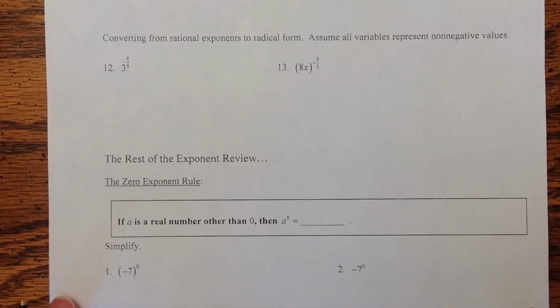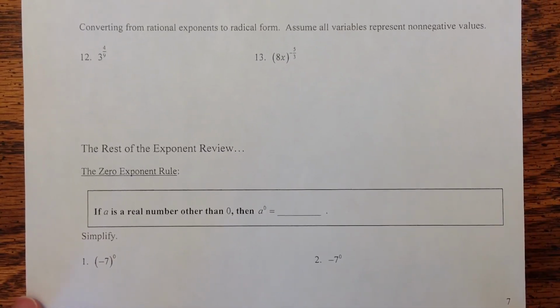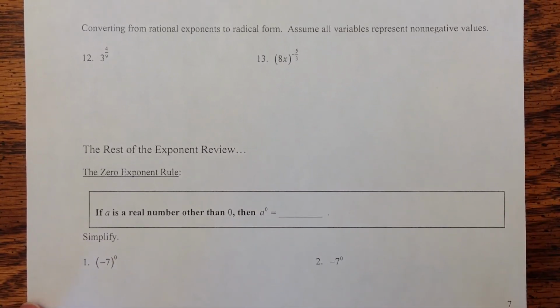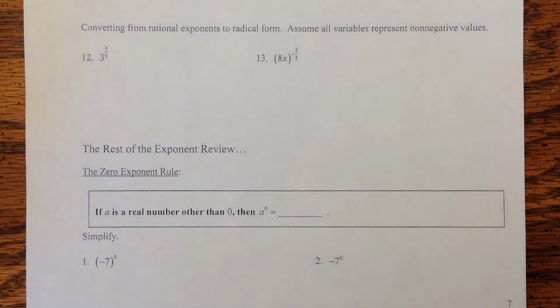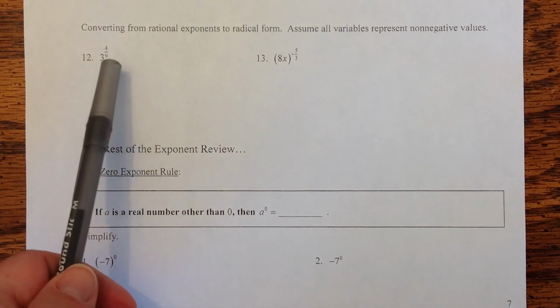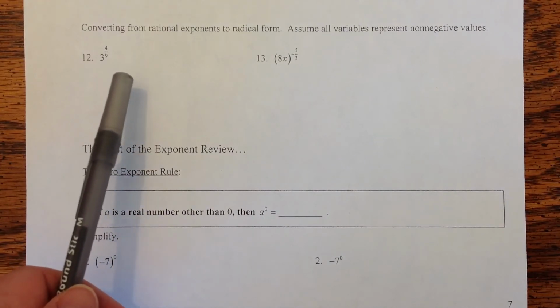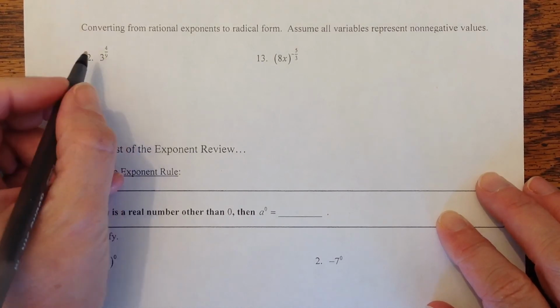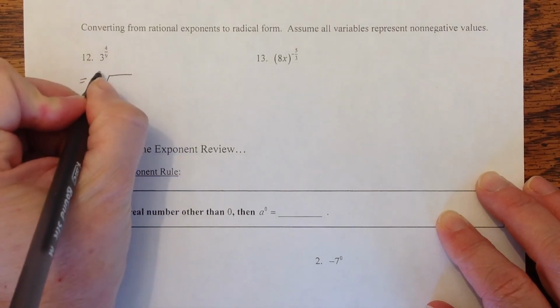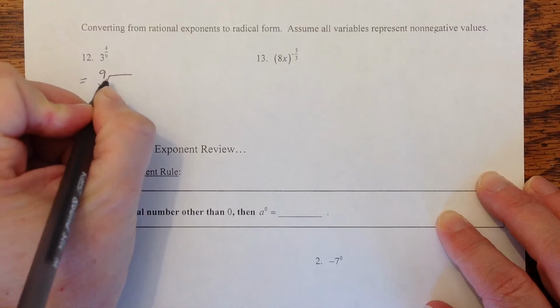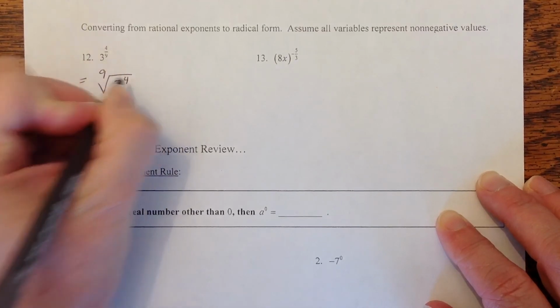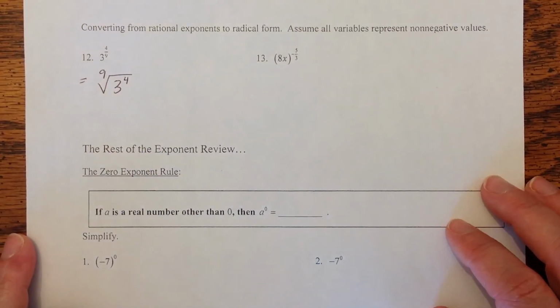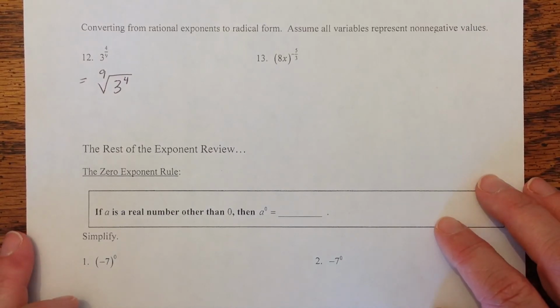Now to finish up this first part of 7.2, it says convert from rational exponents to radical form. That means change from seeing a power to seeing a radical. So right here we would have the 9th root of 3 to the 4th power. That's what we would have.